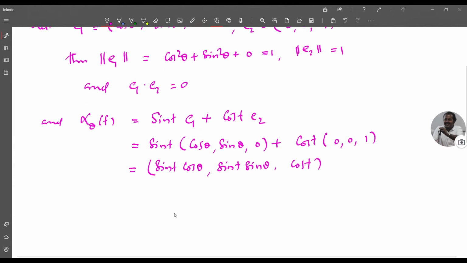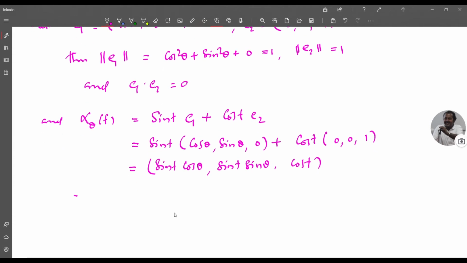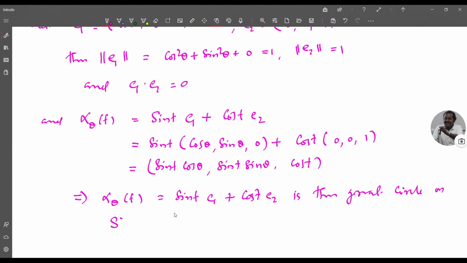So this implies alpha theta of t, equal to sin t E1 plus cos t E2, is a great circle on S2, which is a geodesic on S2 from P to Q.